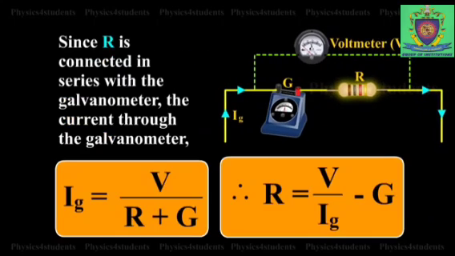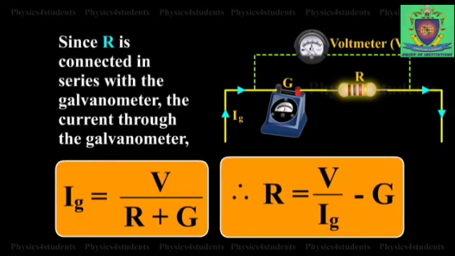The range of the voltmeter which I connected there, I will take as V. The resistance connected in series, I will take as capital R. So based on Ohm's law, I can write V is equal to IR. So IG is equal to V by R plus G. R and G are connected in series.